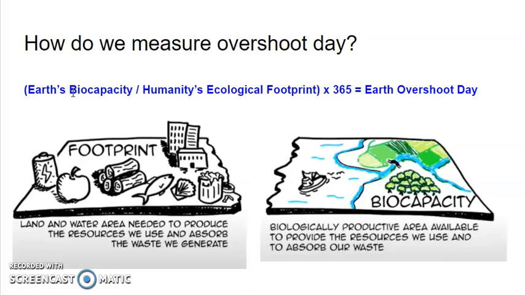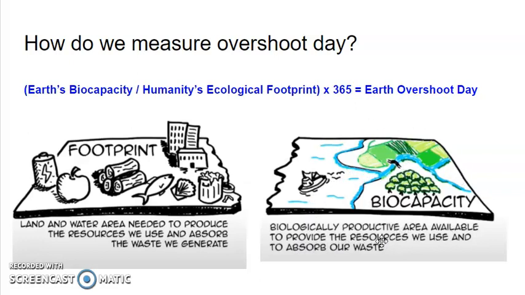So what is biocapacity? What is Earth's biocapacity? It is the productive area available to provide resources we use and to absorb our waste. For example, fisheries to produce fish, agriculture, forestry, all water resources, and also the services that environment produces, like absorbing our waste.